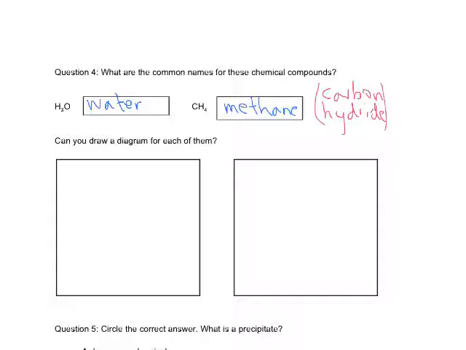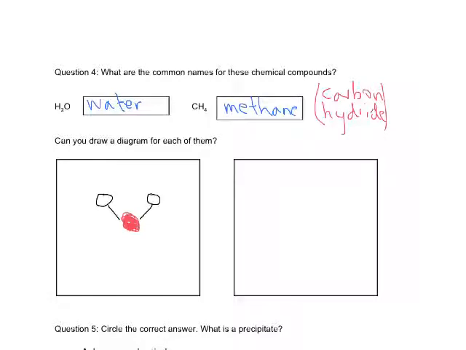So if we're drawing a diagram, we need to go and think back to our various models. So for instance, if we have water, then we have oxygen in the middle. Remember this when you're doing the diagrams, and then it's joined to a couple of hydrogens like that.